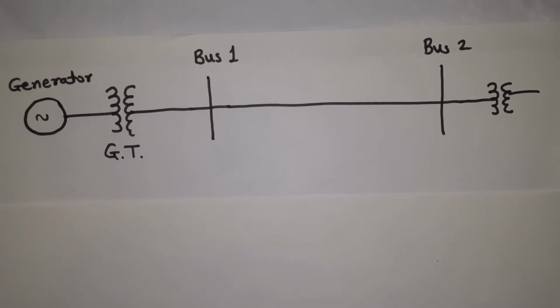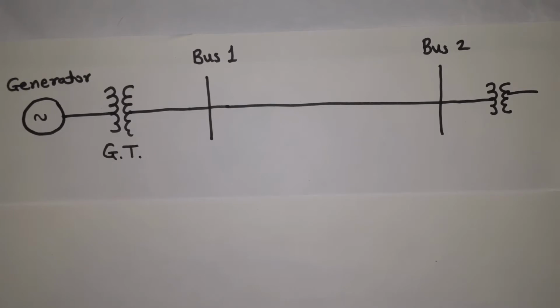So depending upon the location of the current transformer, or you can say the current transformer decides the zone of protection, and that zone includes each and every fault inside the CTs where measurement of currents is carried out.